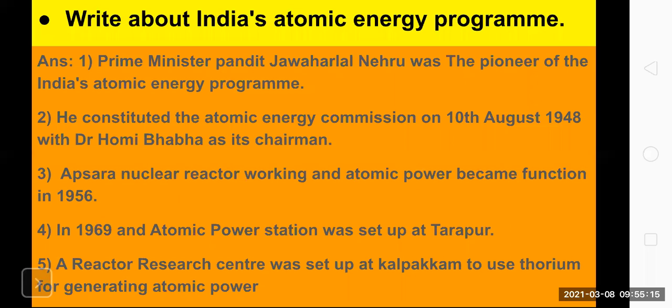Apsara nuclear reactor became functional in 1956. Next, in 1969, an atomic power station was set up at Tarapur, and a reactor research center was set up at Kalpakam to use thorium for generating atomic power.